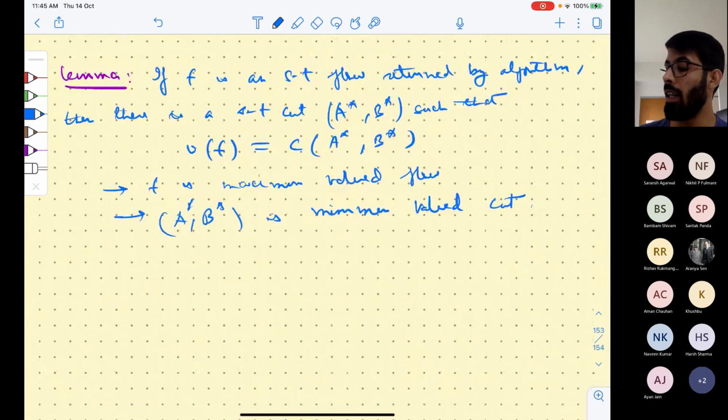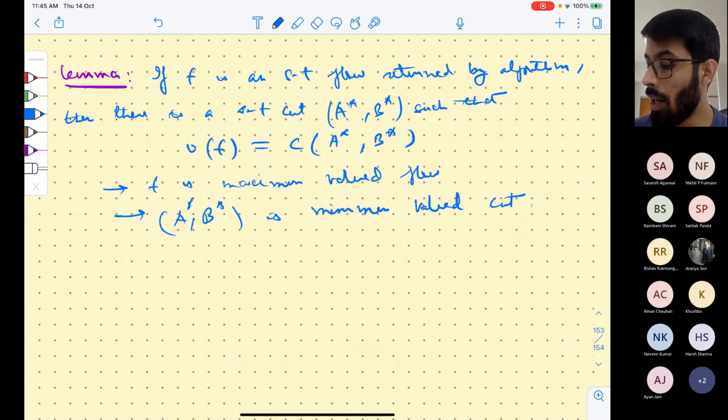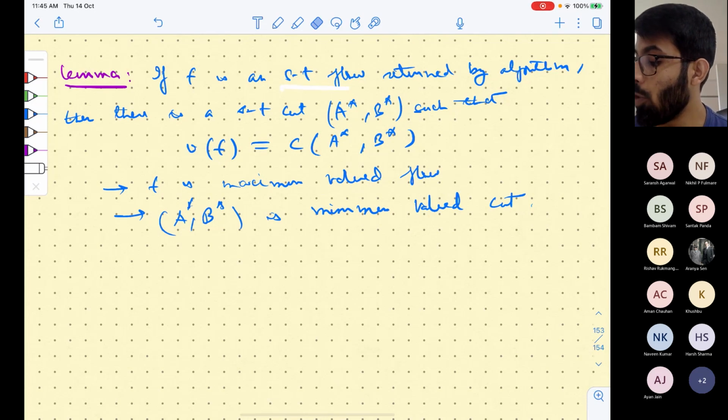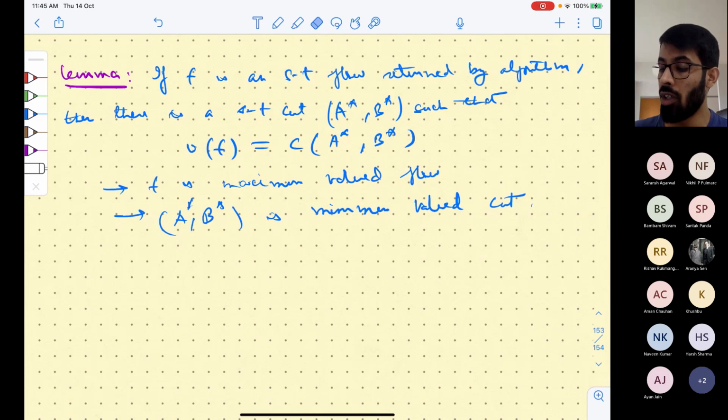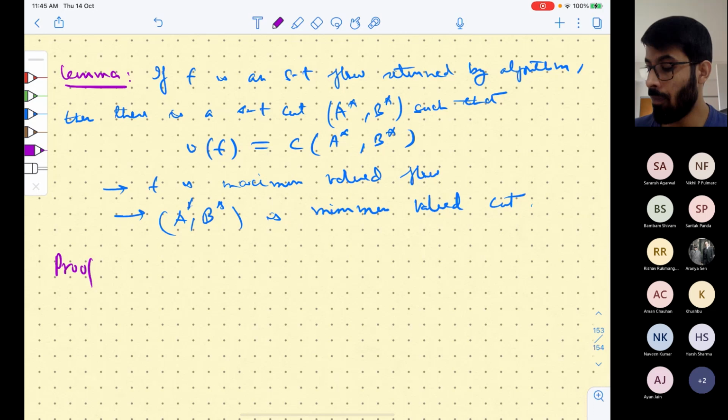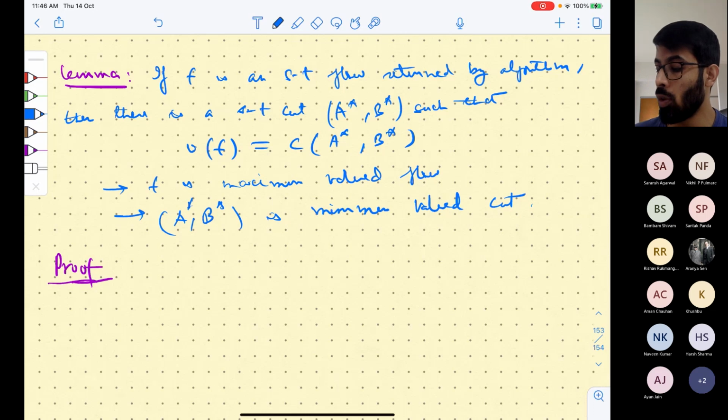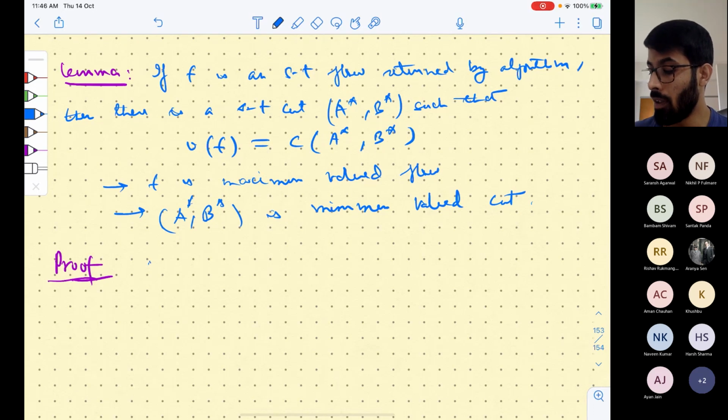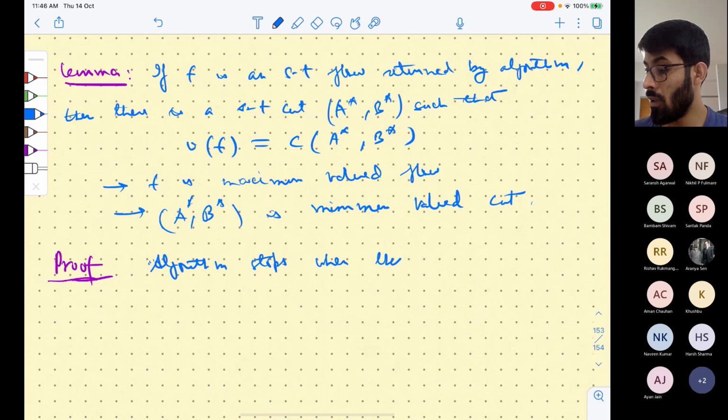Right. So all we need to find is a partition, and partition in what? F is an ST flow returned by the algorithm, right? So when does the algorithm return a flow? The algorithm stops when there is no ST path in the augmenting graph, no ST path in GF, right?